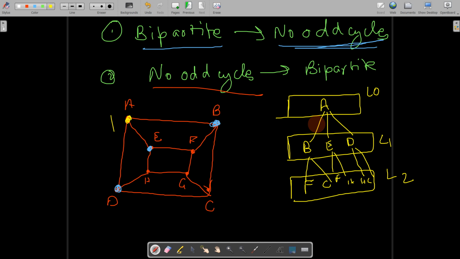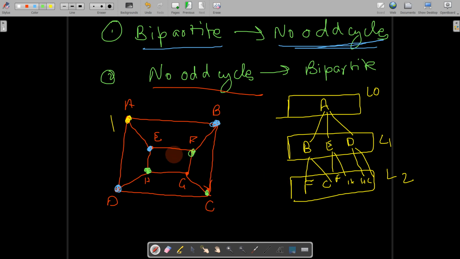Okay, now notice over here, whatever vertices are at level 2, we will highlight those vertices. The vertices F, C, H, yes, these are the vertices.